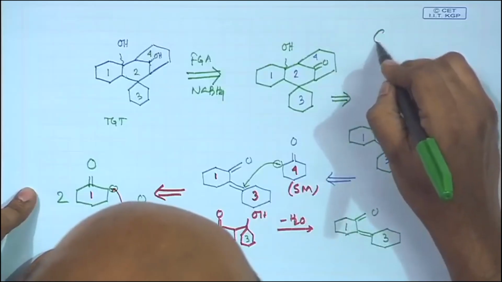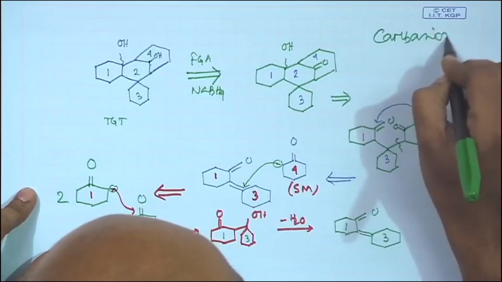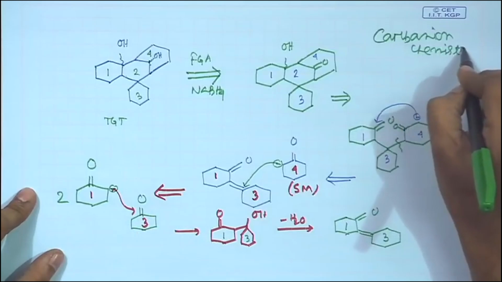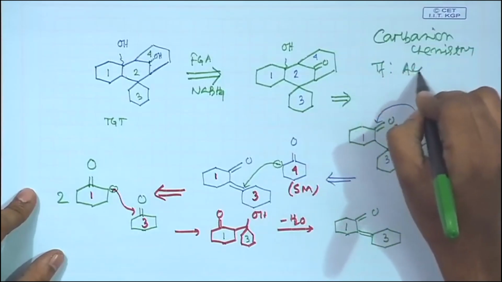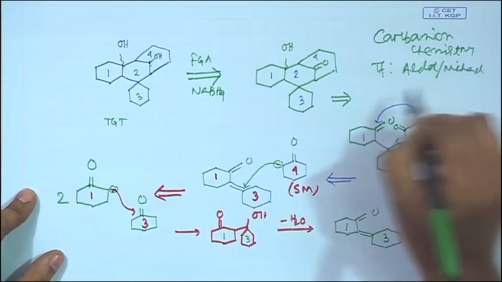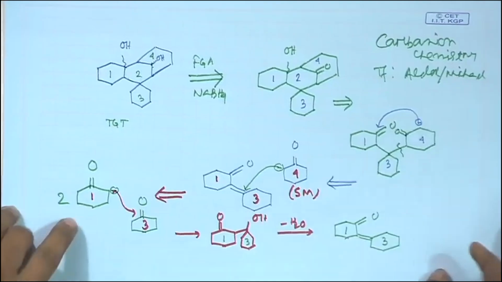So, this was a simple carbanion chemistry, and basically the transformations which you are using are aldol and Michael, nothing else, and then at the end we do FGA or FGI just to reduce the carbonyl compound.